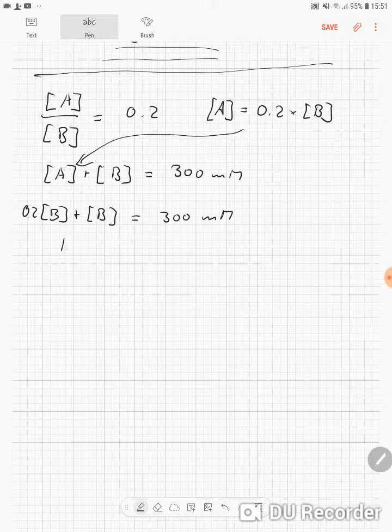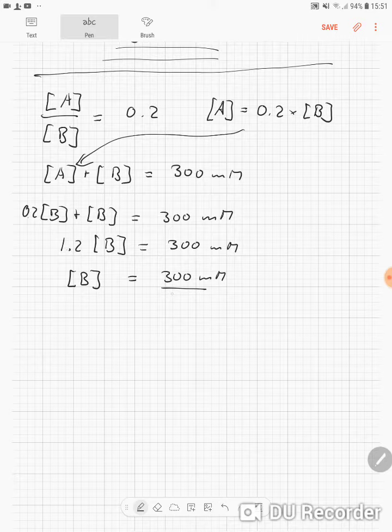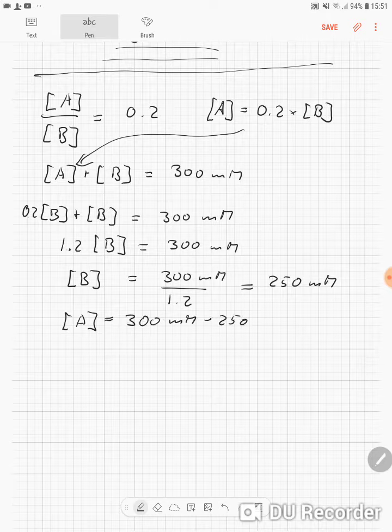This of course gives us 1.2 times base equals 300 millimolar, or the base concentration equals 300 millimolar divided by 1.2 equals 250 millimolar, and the acid concentration equals 300 millimolar minus 250 millimolar, and that is 50 millimolar.